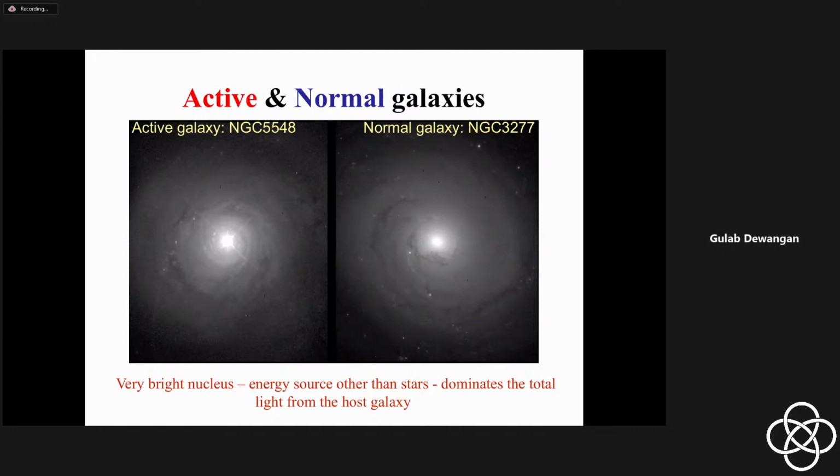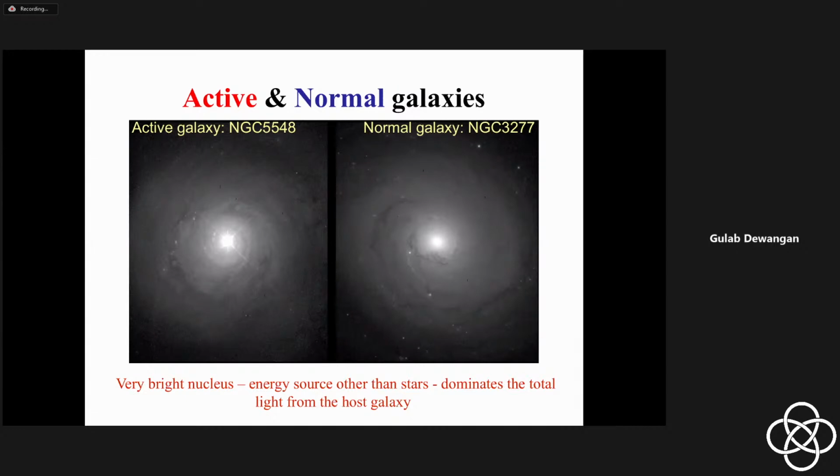So if the center of a galaxy contains a very bright nucleus which may overshine the entire galaxy, we call this galaxy host an active galactic nucleus, and such galaxies we call active galaxies.